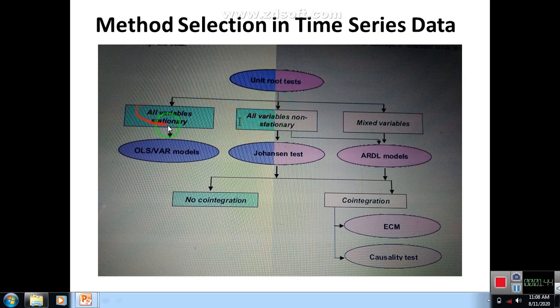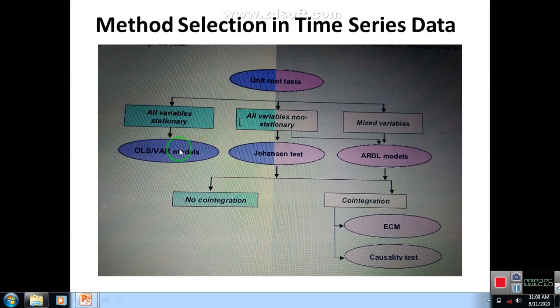If all the variables are stationary at level, we can apply the OLS model, ordinary least squares method, or we may apply the VAR model, vector autoregressive model. So if all the variables are stationary at level, we can apply these two techniques.